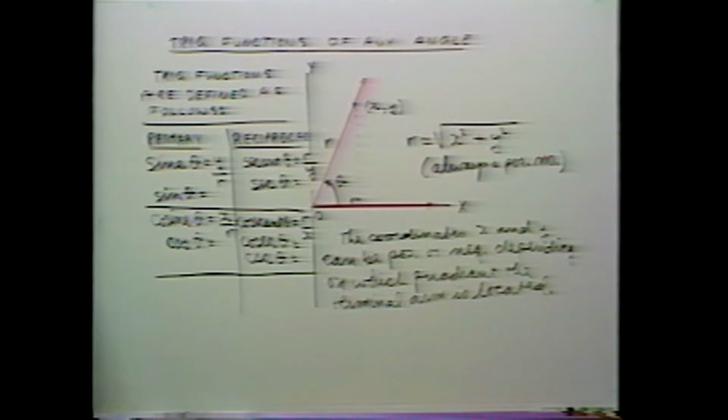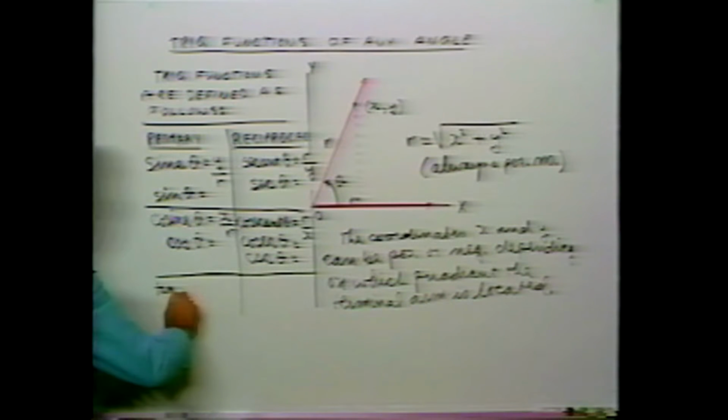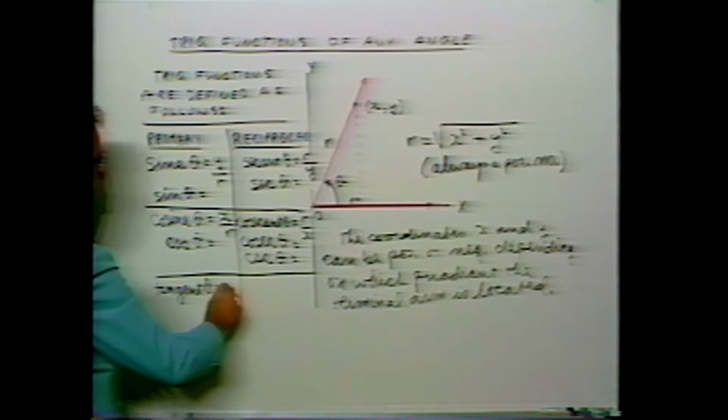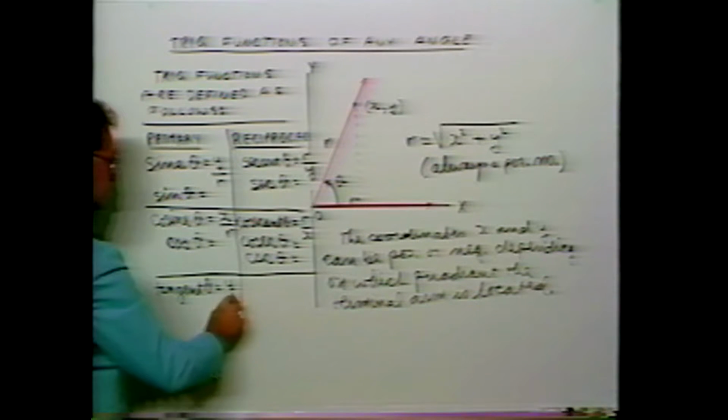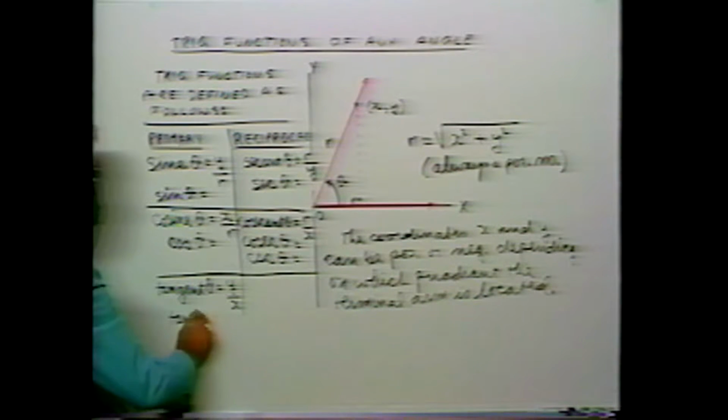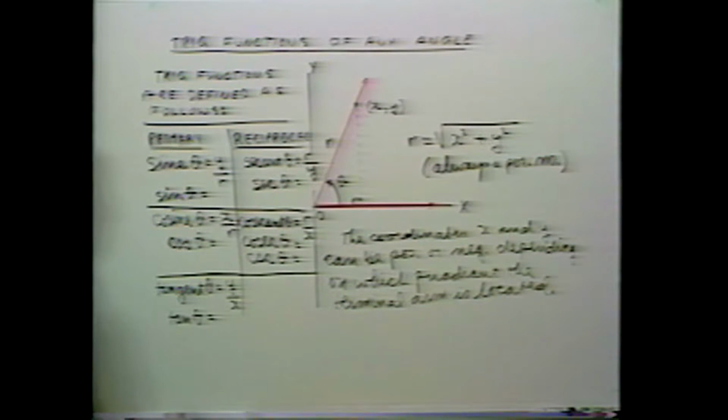The third primary ratio is the tangent of theta, and it is equal to y divided by x. In short, tan theta is what we normally use.